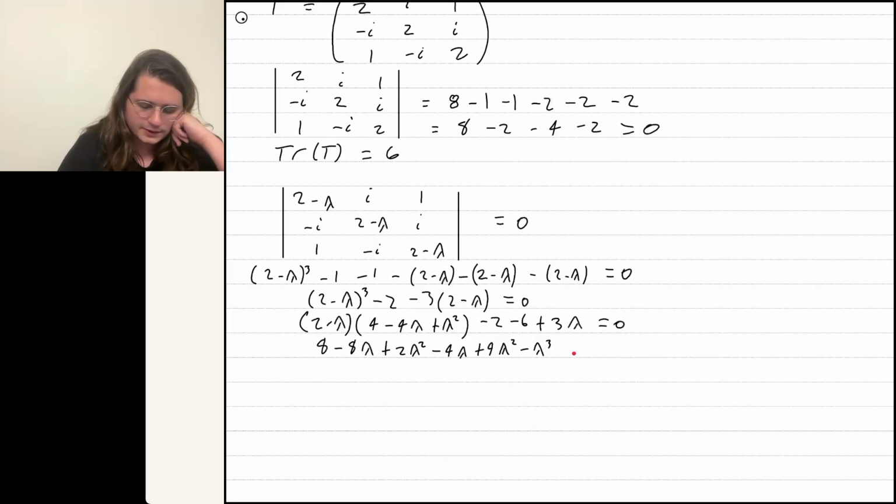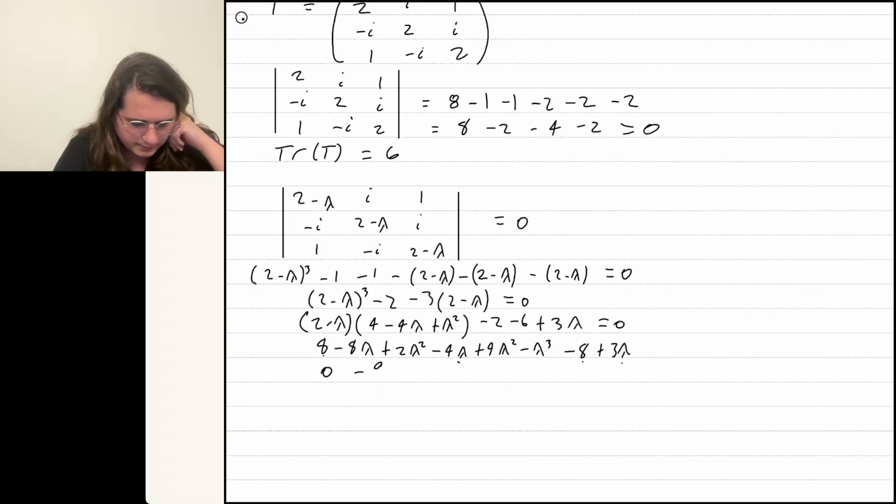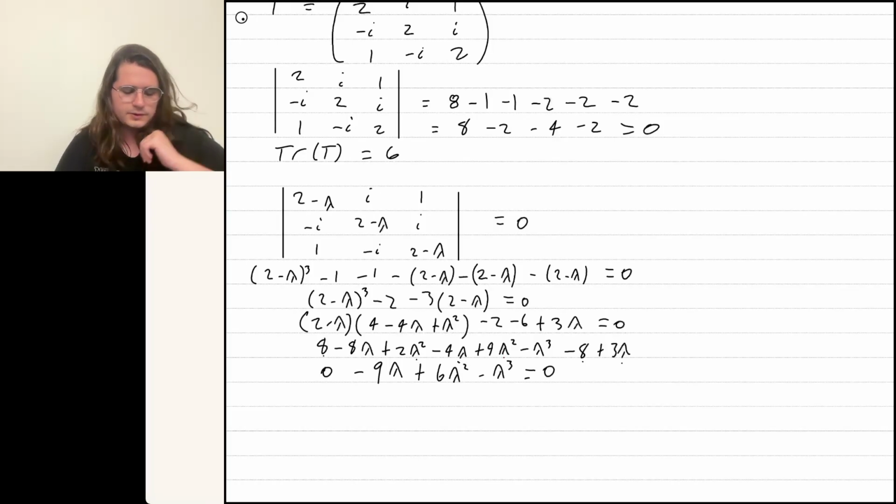And then on the outside, it's minus 8 plus 3 lambda. So we've got 8 minus 8 makes 0, minus 8 minus 4 plus 3 makes minus 9, right? Yeah, minus 9 lambda. And then 2 and 4 makes 6 lambda squared, and it's a minus lambda cubed equals 0.